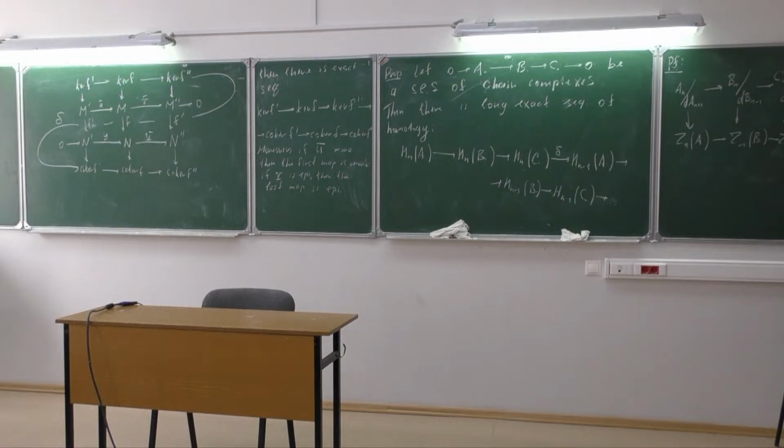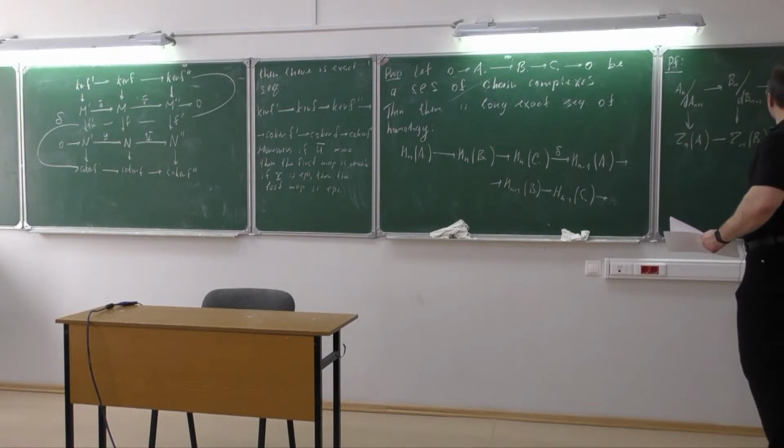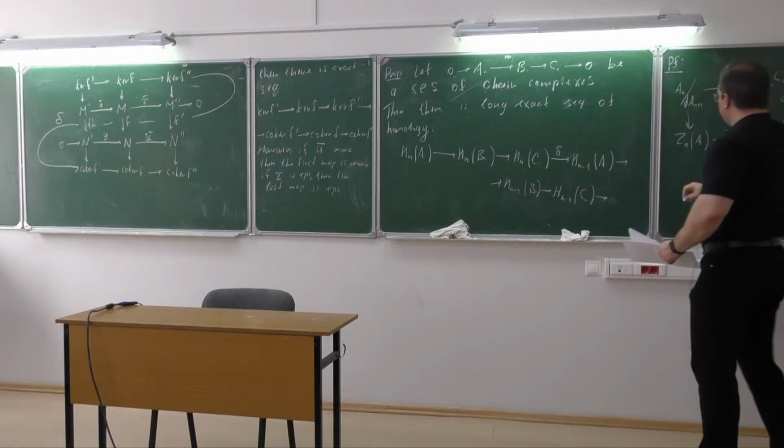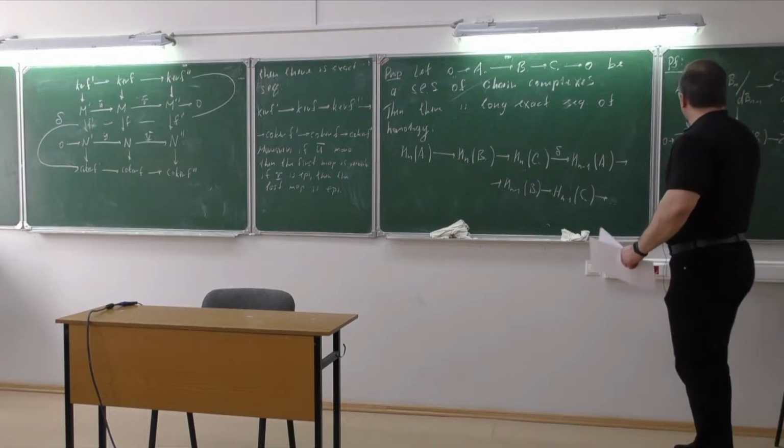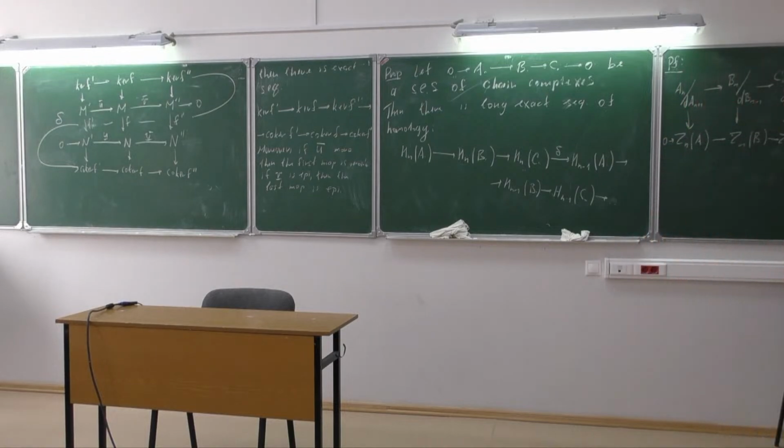First of all, let's take a pause and tell me, do you have any questions on how to get this diagram? Is it clear? By the way, you can even do better. For the snake lemma, you can add zeros here and here. Actually, you can add zeros everywhere.